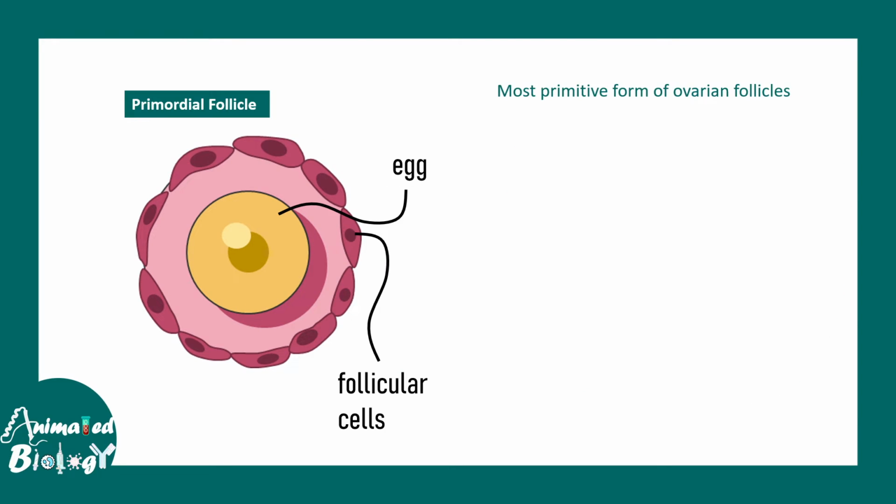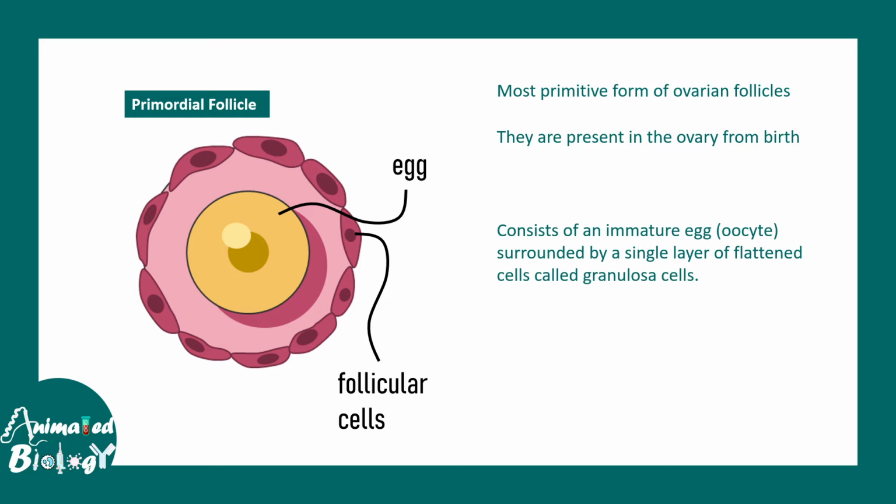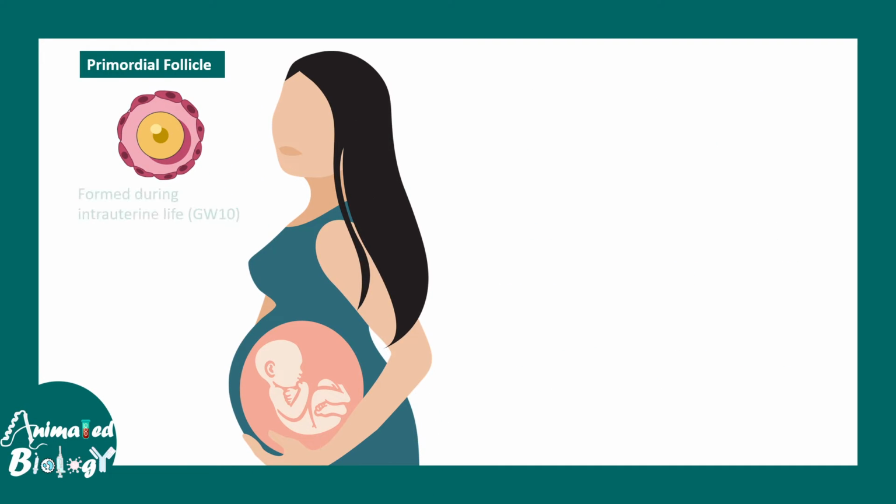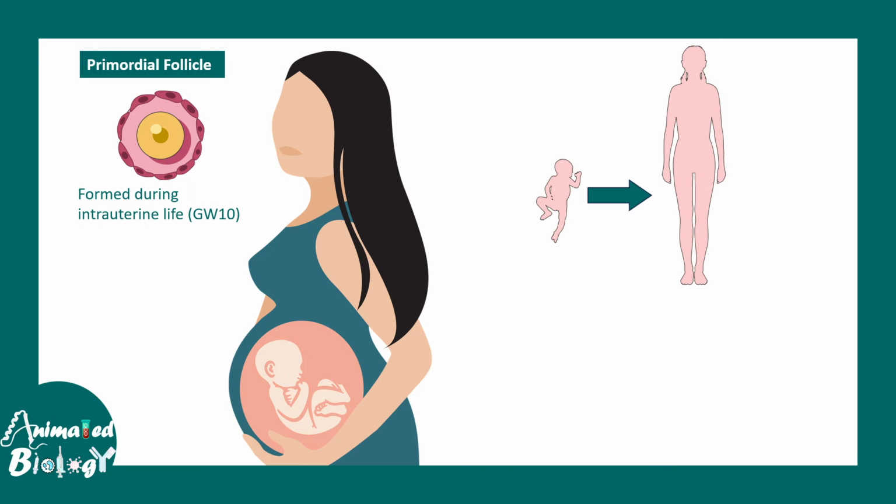The primordial follicle is the most primitive form of ovarian follicle. They are present in the ovary even before birth. They consist of an immature oocyte, or egg, surrounded by a single layer of flattened granulosa cells. These are also follicular granulosa cells. Before a woman is born, around gestational week 10 in the mother's womb, these primordial follicles develop.